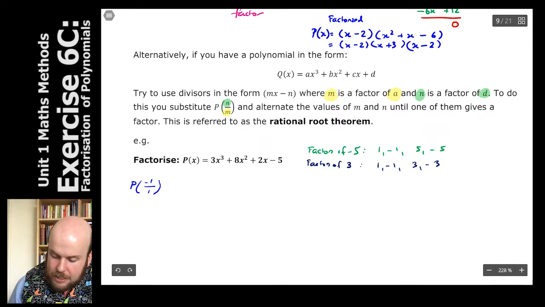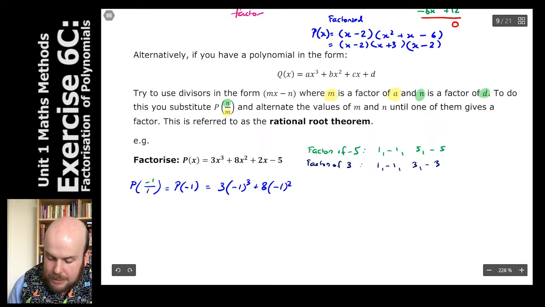I've taken the factor of -1 from the factors of 5, and the factor of 1 from the factors of 3, which of course would be equal to -1 here. And so this would be 3(-1) cubed plus 8(-1) squared plus 2(-1) minus 5.